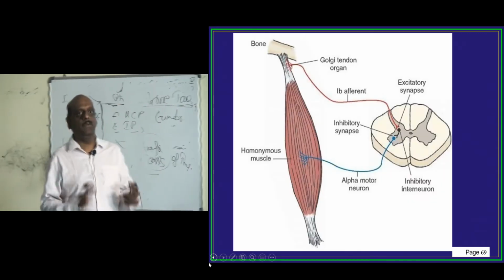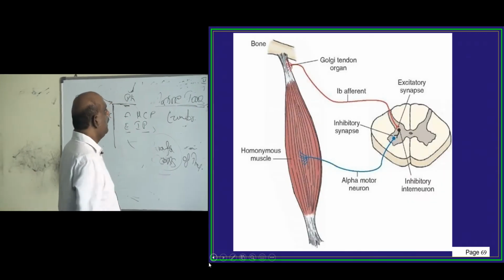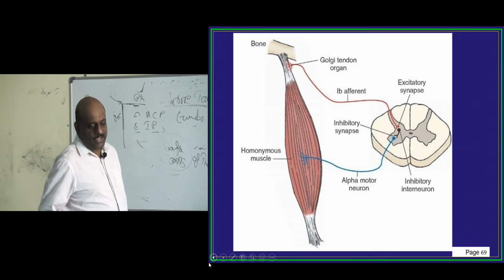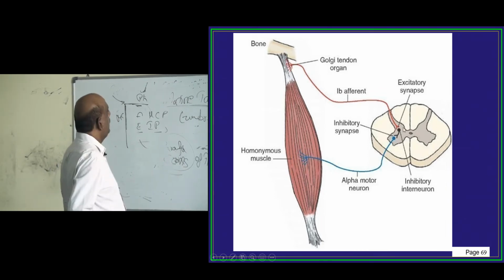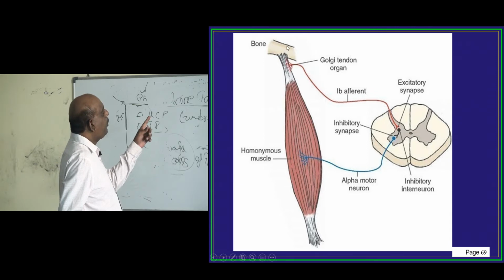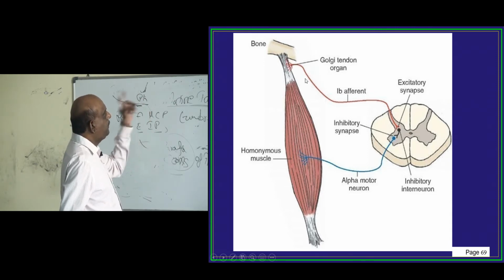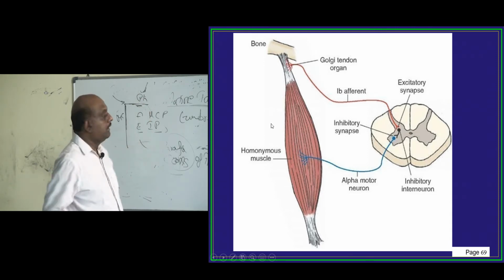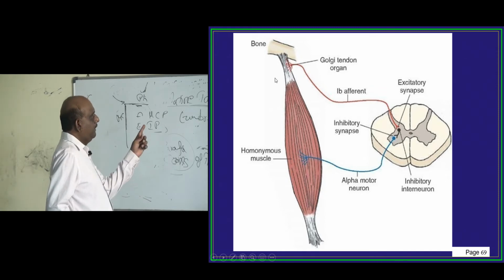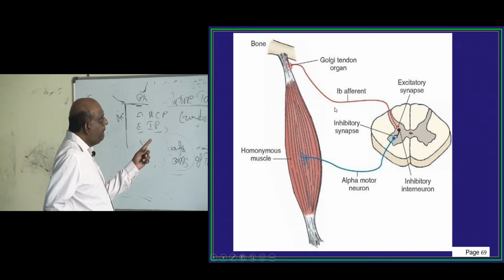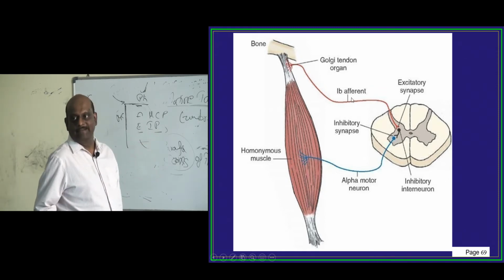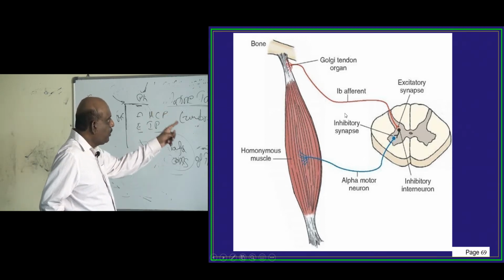So doctor, this is very important. Where are the Golgi tendon organs located, doctor? They are typically located at the point of the tendinous insertion on the bone. And there is a 1B afferent which arises from the Golgi tendon organ.